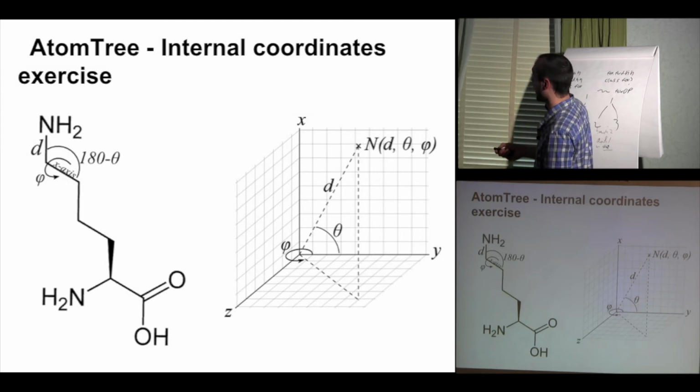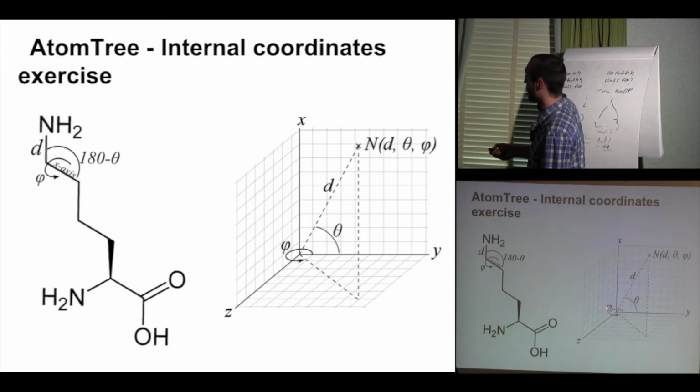In this lysine, this atom right here is our parent. We're going to try to place this nitrogen, let's say. From our parent stub, that's the origin here. Let's say that this stub is defined by this atom, and this atom.